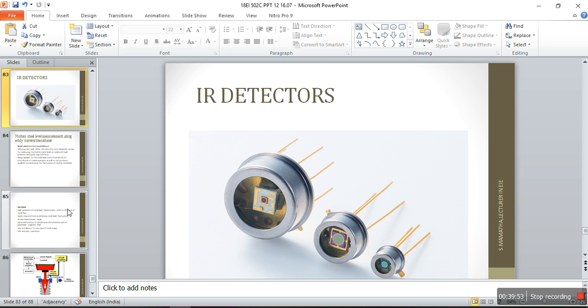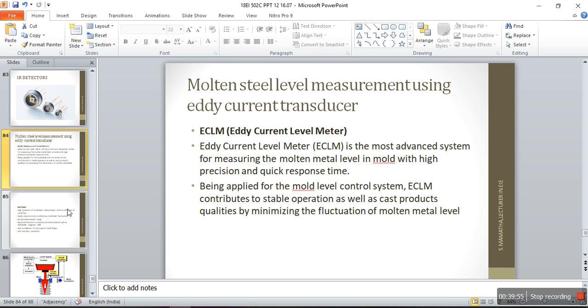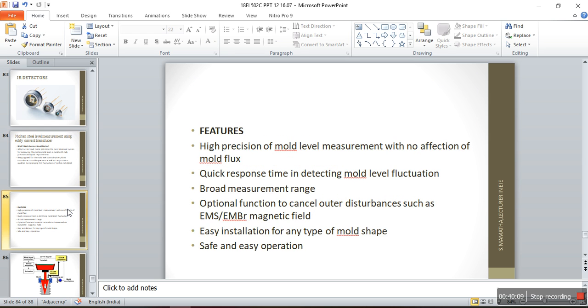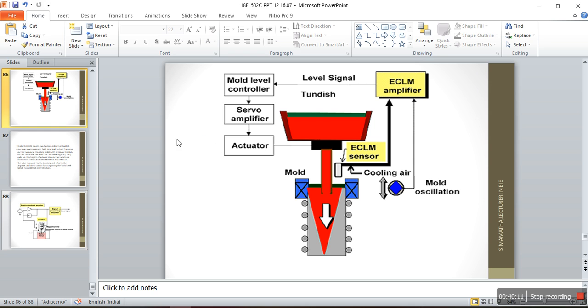Next, we discussed molten steel level measurement using the eddy current level meter. This is a very important measuring transducer which can be used in the iron and steel plant.